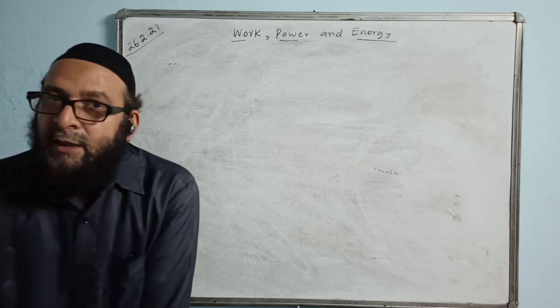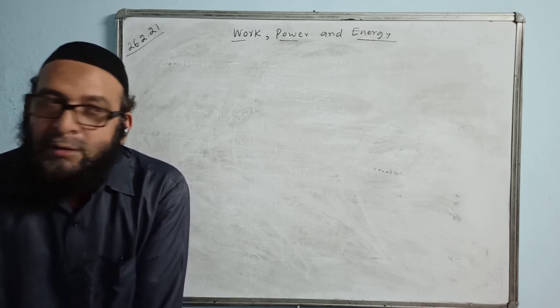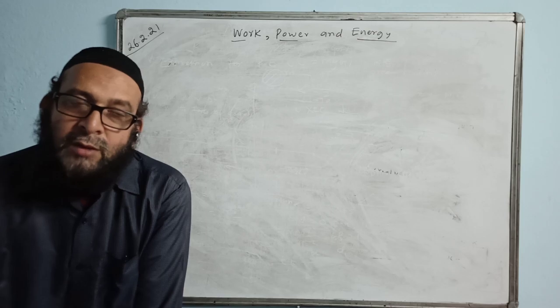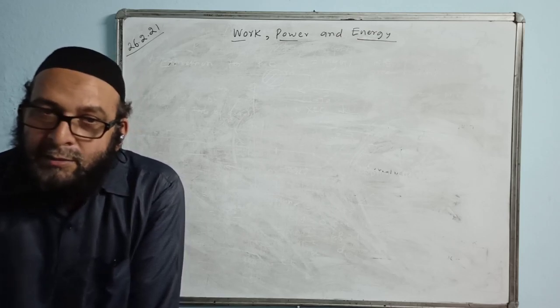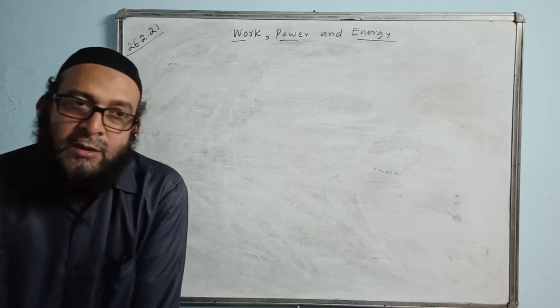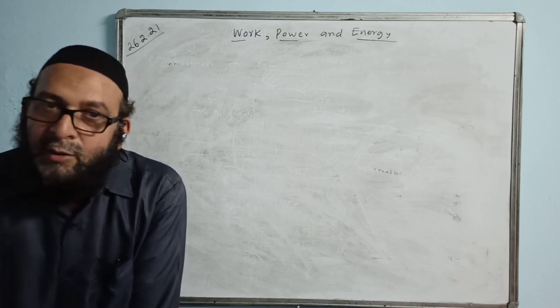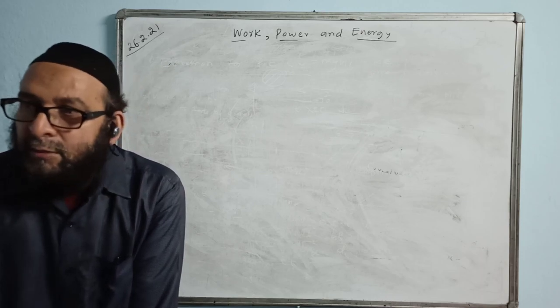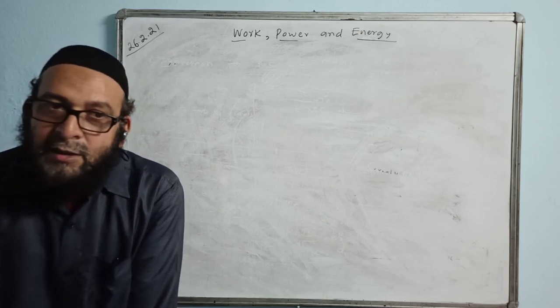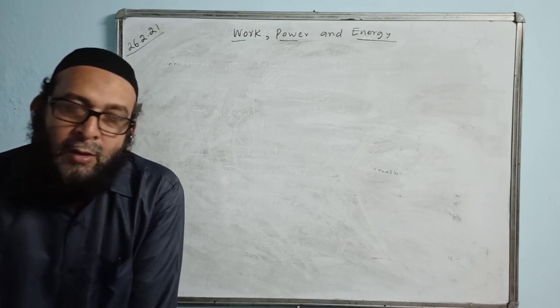But at the same time it produces heat also, which we are not making use of. It is undesirable, not needed, and is lost to or absorbed by the surroundings. So this is called energy degradation. Heat is the energy degradation in that case. Depending upon the situation.